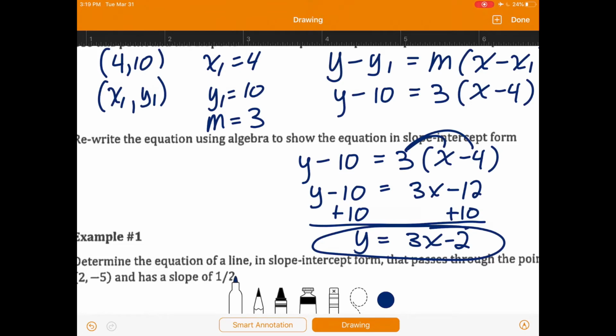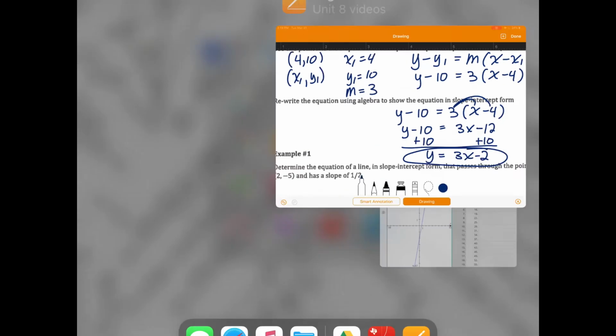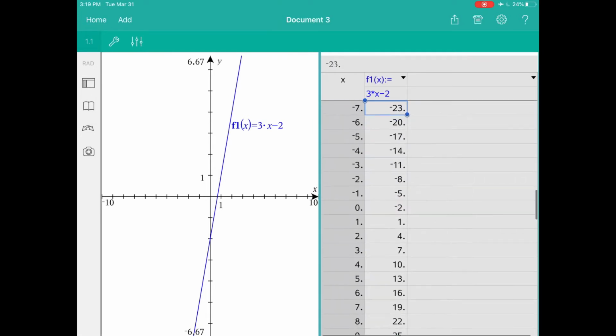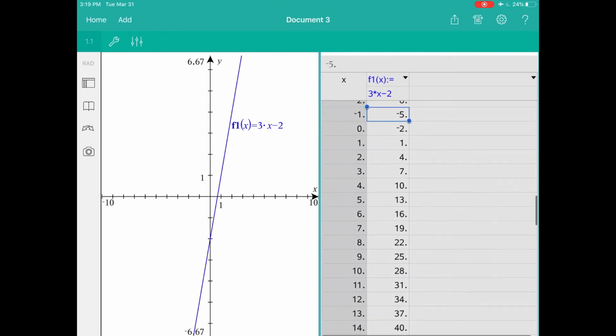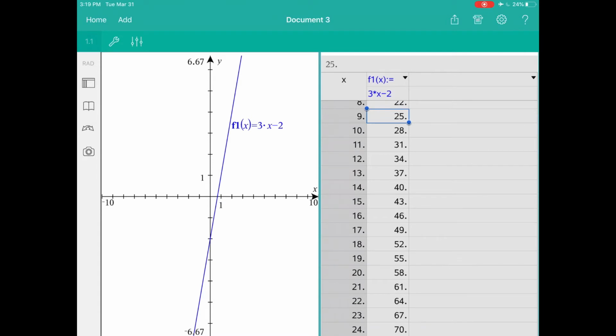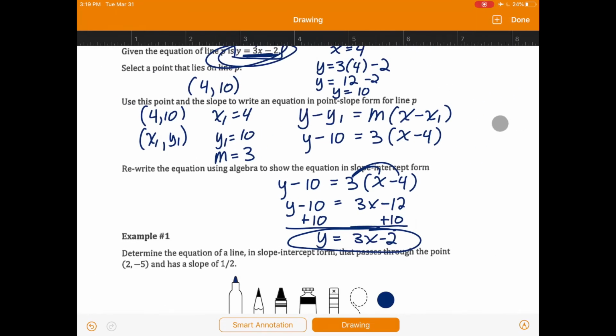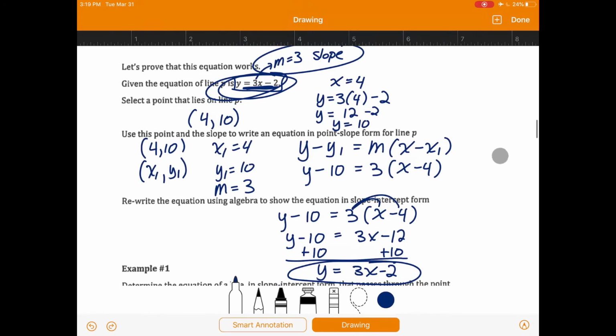So since those are the same thing, and they'll be the same for any of these points that you plug in. Anything on the left, you plug in for x, and whatever is matching with it on the right, you plug in for y. It will always end up being the same exact final answer down here. So that's going to be enough proof for us to be using this equation as another way of doing y equals mx plus b.